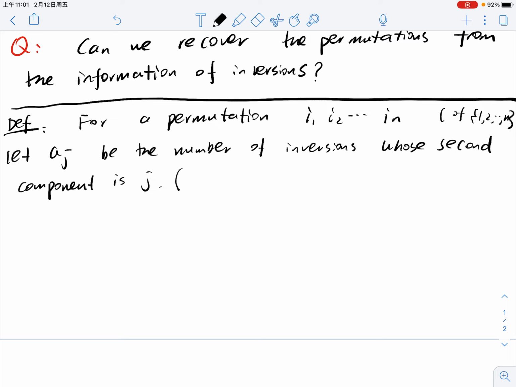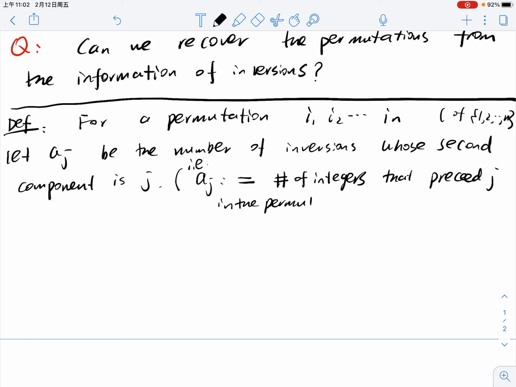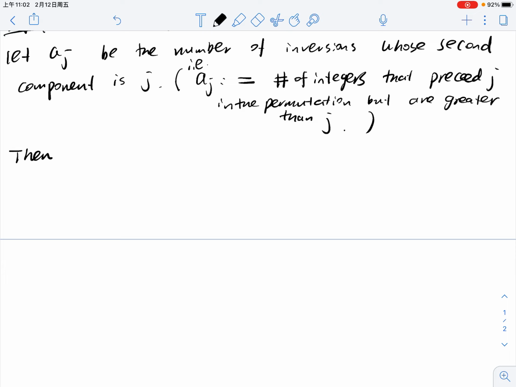There's another description. Aj is defined to be the total number of integers that precede J in the permutation but are greater than J. And for different J, you can define different Aj, and then you have a sequence.